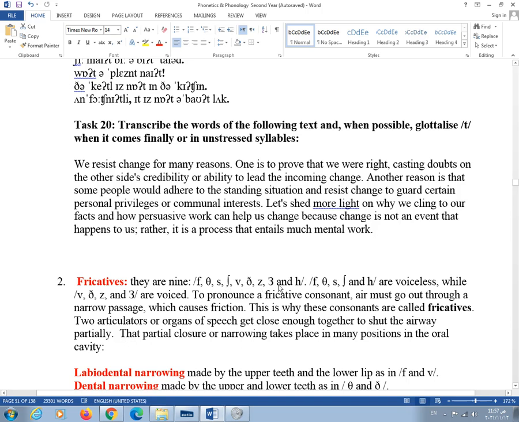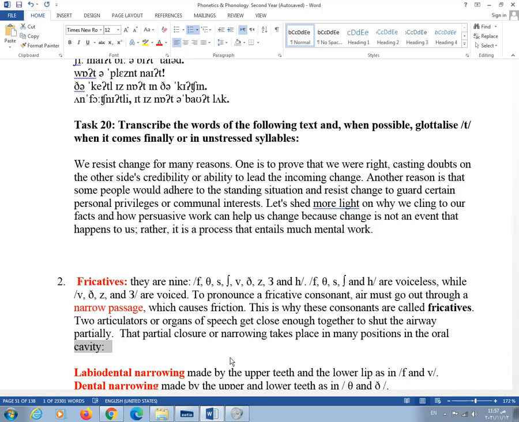Okay. Why do we call them fricative? Because in order to pronounce a fricative consonant, air must go out through a narrow passage. We have to make it a very narrow passage, which causes friction because the articulators are close to each other. They touch each other. This is why these consonants are called fricatives.